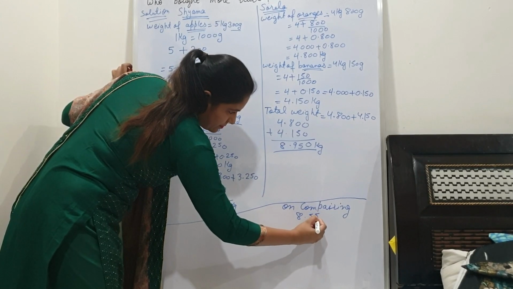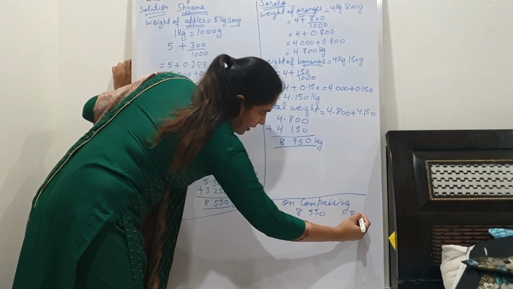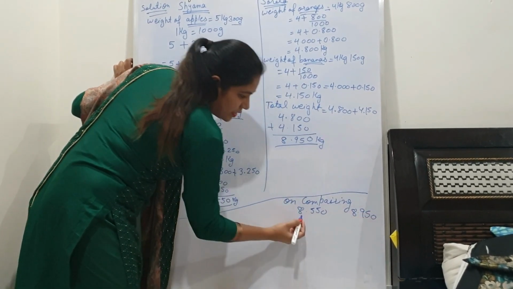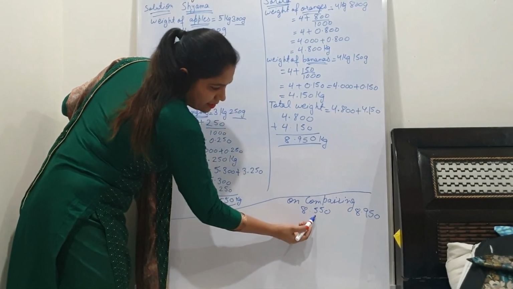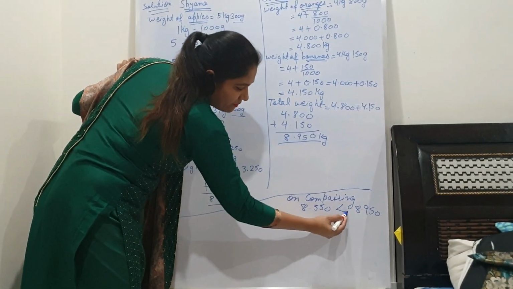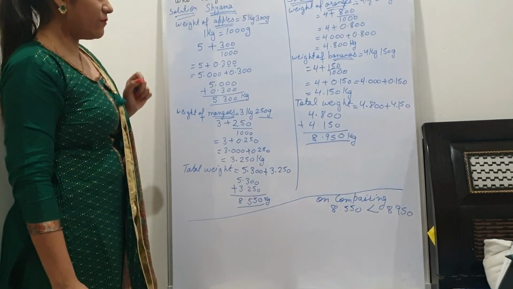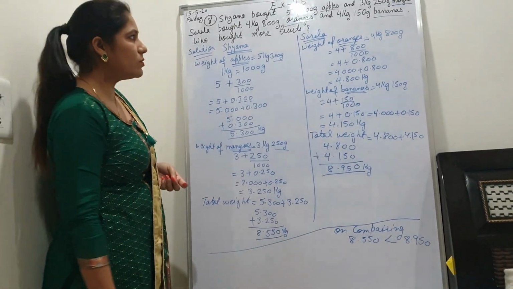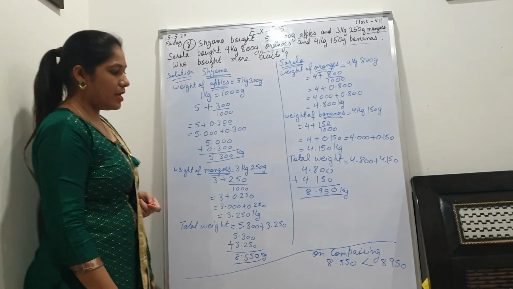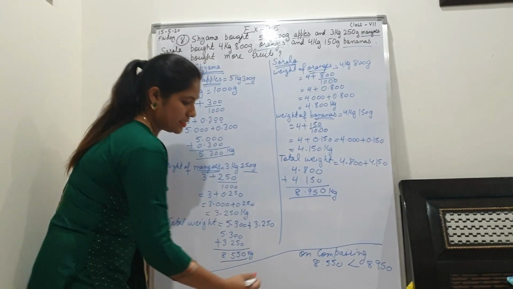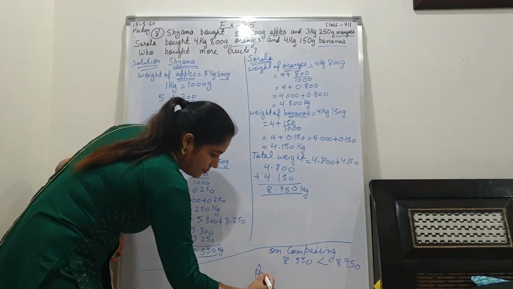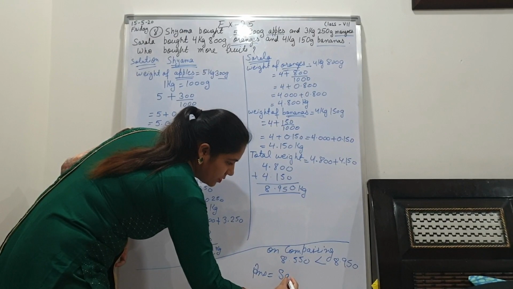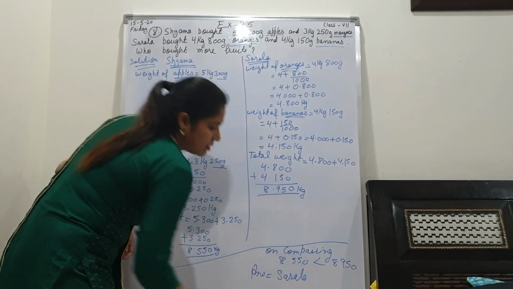See students, the 8 is the same, here is 5, here is 9. So which one is bigger? 8.950. So who bought more fruits? That is Sarla. That will be the right answer.